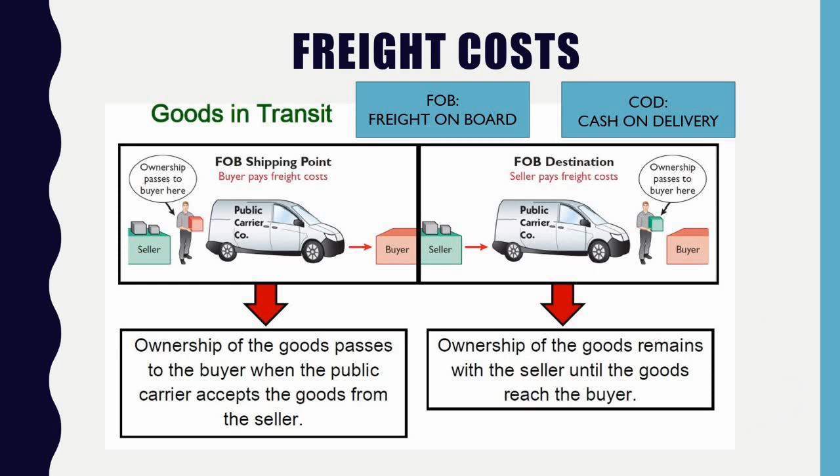Then it makes it to the buyer's store. In this case, the seller is fully responsible for making it from the midpoint all the way to the actual buyer's store. So for instance, on Amazon, the minute that you purchase an item, you're expected to pay shipping right then and there.